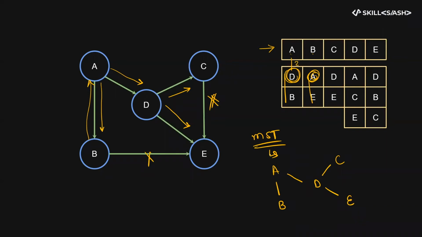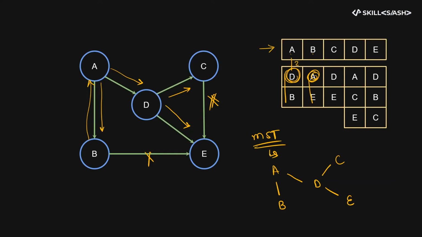Okay, the normal definition is you are covering all the nodes, but with the least number of traversals of the edges, or the weight can be anything, but in the general definition, it's the number of edges. So with minimum number of edges traversal, you're covering the entire graph's nodes, and that is called minimum spanning tree.